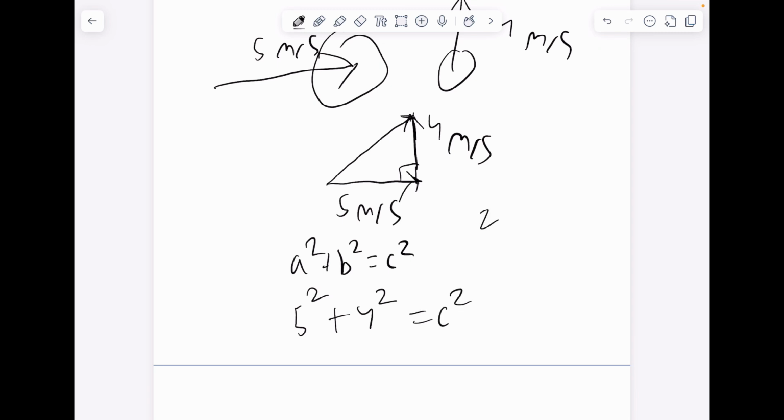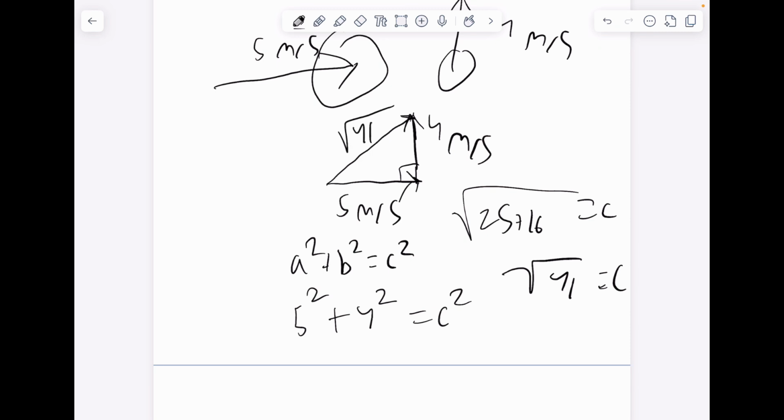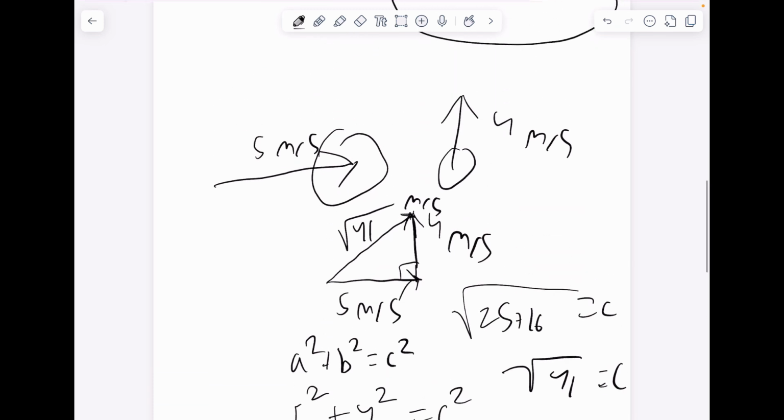We square them, so we get 25 plus 16 equals c squared. Then you get c equal to the square root of 41, which you can't simplify anymore. So we know that we are traveling at the square root of 41 meters per second. That is essentially motion in 2 dimensions.